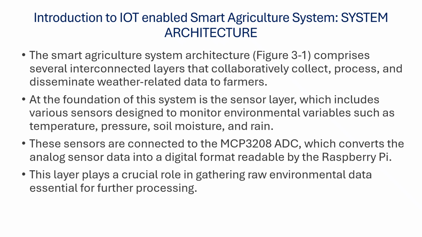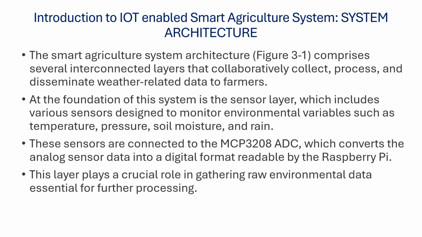The sensor layer collects the data with the help of sensors. In the processing layer, where we have the Raspberry Pi microcontroller, the data is processed and then transmitted to the ThingSpeak platform, which is a cloud platform. Farmers can access the data from the ThingSpeak platform or the devices they have, whether mobile phones, tabs, or laptops. Whatever they have, they can access the data.